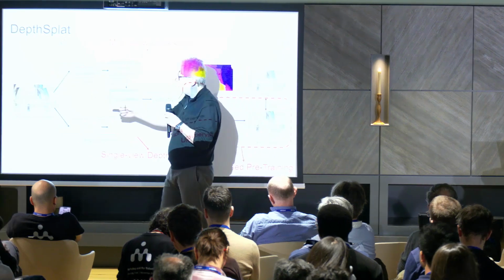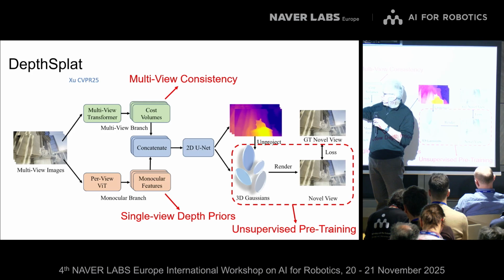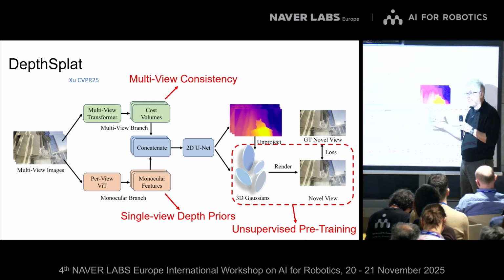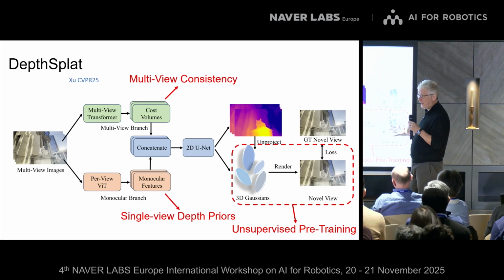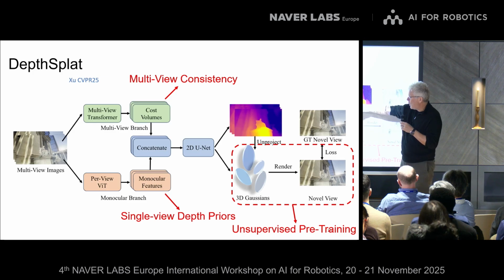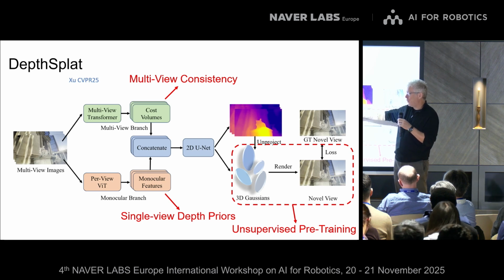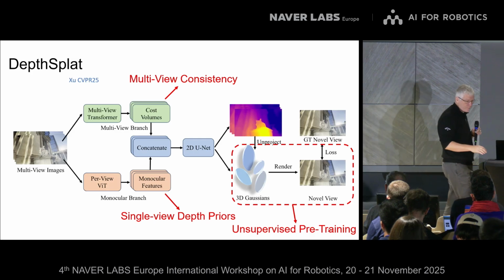If at the input we have a video sequence or a collection of many images, we can pick some of them to build the representation from, and then use all the other ones to validate how well we're doing in our loss function. The loss is unsupervised because we start from known videos, pick a few frames that generate a Gaussian splat, and then make sure that all the other frames are rendered as well as possible.